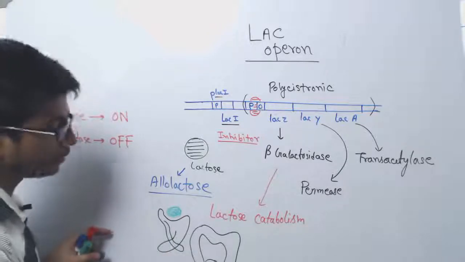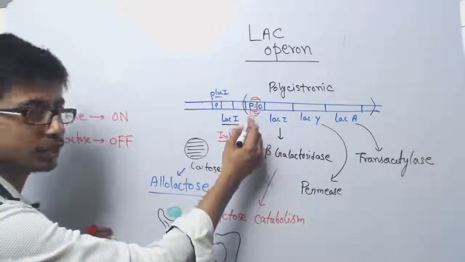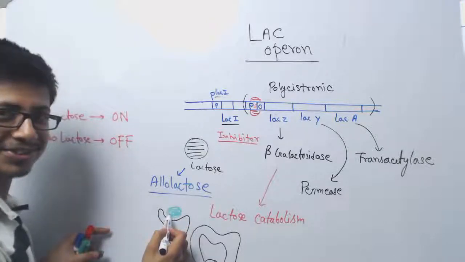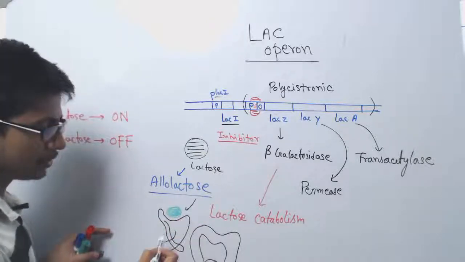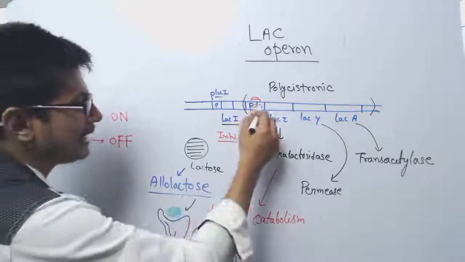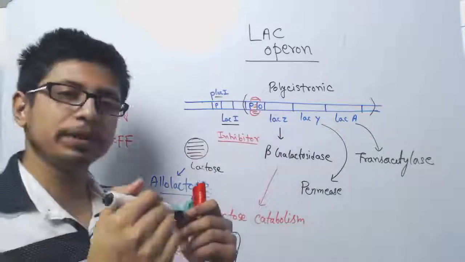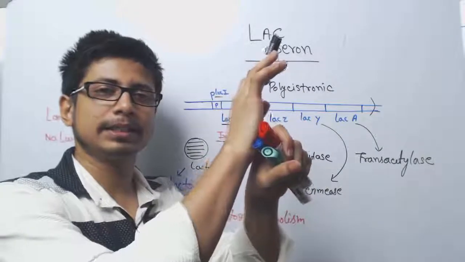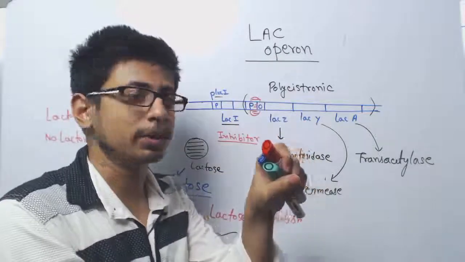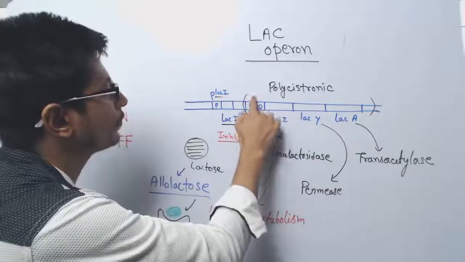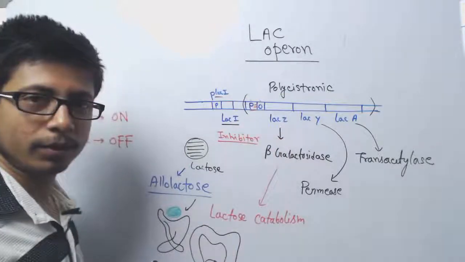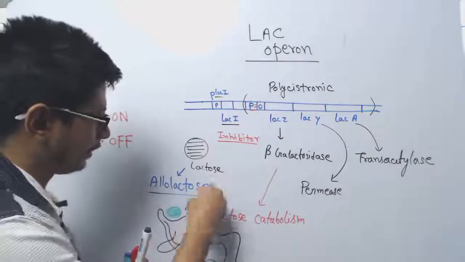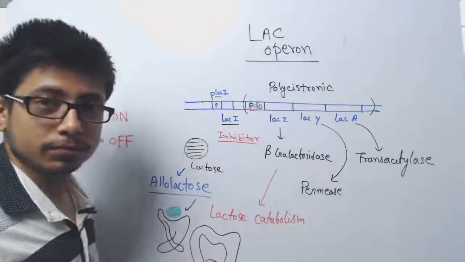So the active site with which it interacts with the promoter region is now blocked after the binding of allolactose, right? So as a result, the inhibitor which is bound with the promoter region, upon binding of allolactose, just drops out from the promoter. So the promoter is now free, because allolactose wipes this inhibitor out from the promoter.